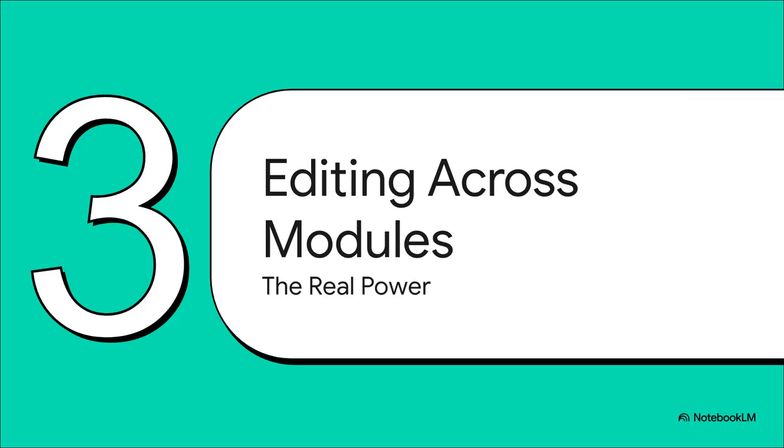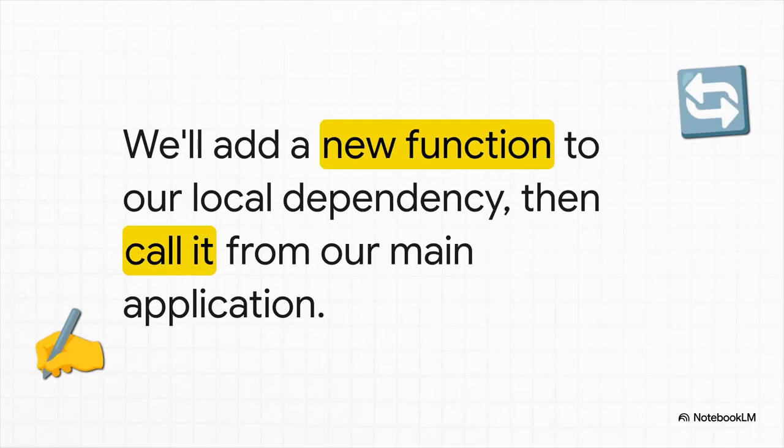So, with that tiny bit of setup done, we get to the really cool part. We're going to see just how powerful this is. We'll change something in our local dependency and watch it show up immediately in our main application. So here's the plan. We're going to dive into our local dependency and add a brand new function to its reverse package. We'll call it Int.